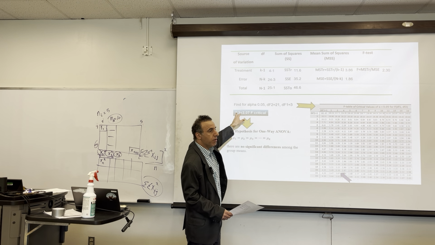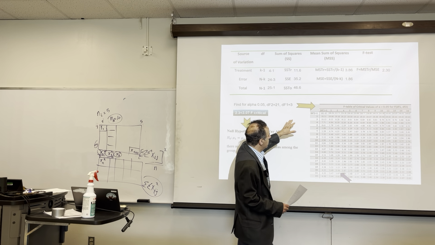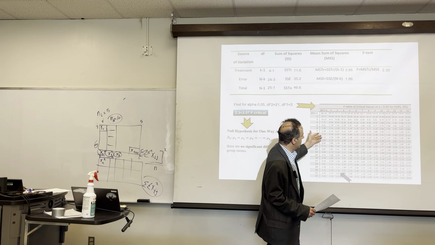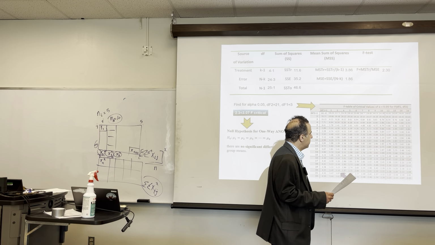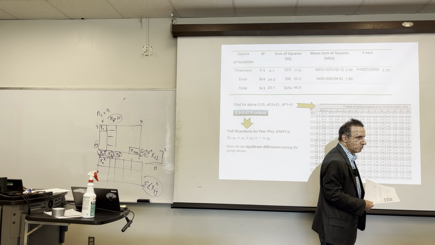So that is my computed F value. Okay? So then I go to this chart. This chart, remember, it has an alpha. You have to look at the question, what alpha they say. If they say 0.05, then you can use this chart.